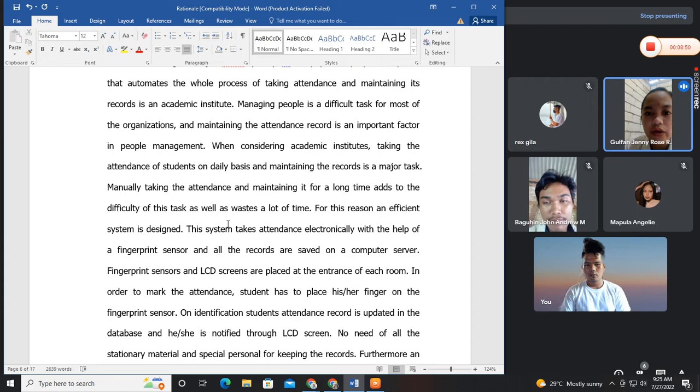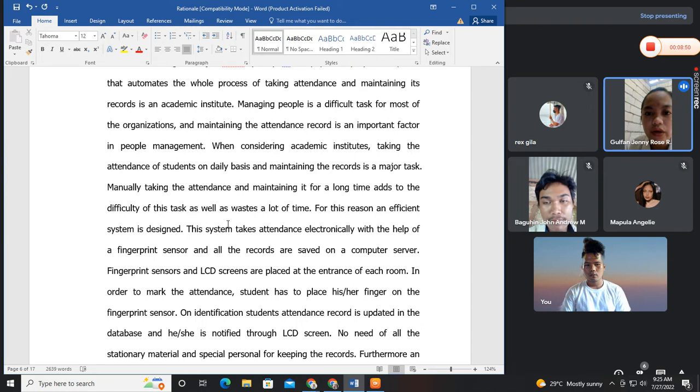This system takes attendance electronically with the help of a fingerprint sensor, and all the records are saved on a computer server. Fingerprint sensors and LCD screens are placed at the entrance of each room. In order to mark the attendance, the student has to place his or her fingerprint on the fingerprint sensor.